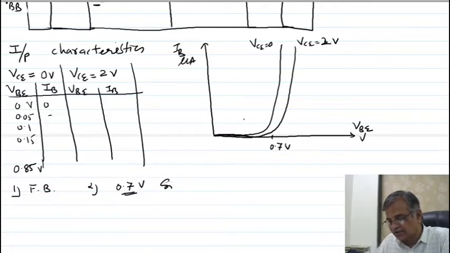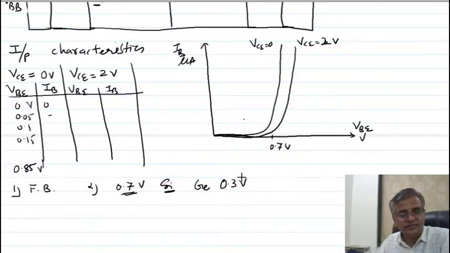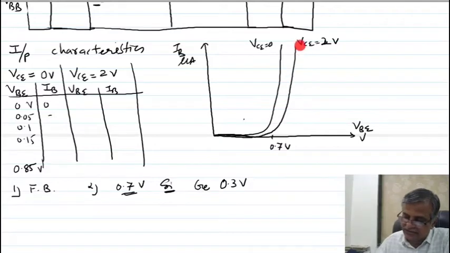For silicon transistors, this cut-in voltage is of the order of 0.7 volt. For germanium transistors, it is of the order of 0.3 volt. So these graphs show that after the cut-in voltage, when base emitter voltage is of the order of 0.7 volt, then conduction starts to flow. After 0.7 volt, as VB increases, a sharp increase in base current takes place.